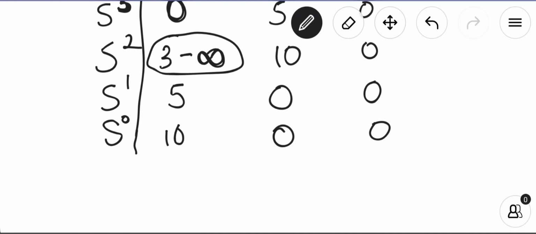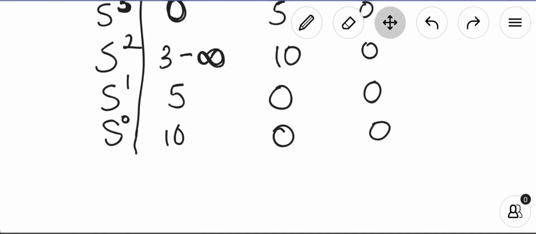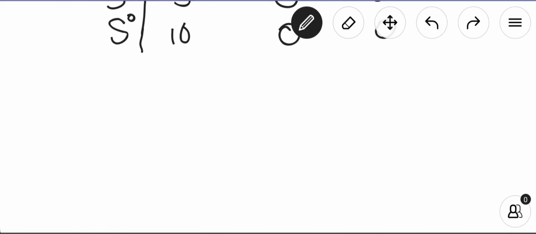So this shows that the system is actually unstable and the roots of the equation lie in the right half s plane.